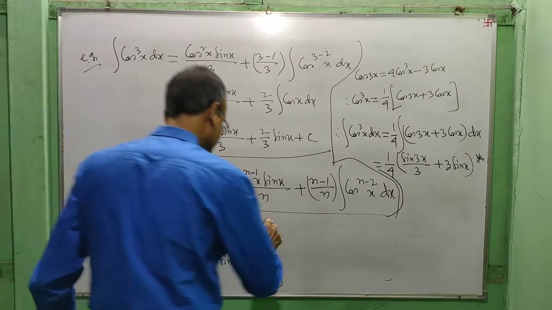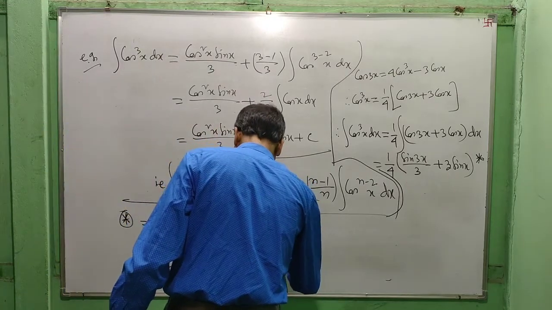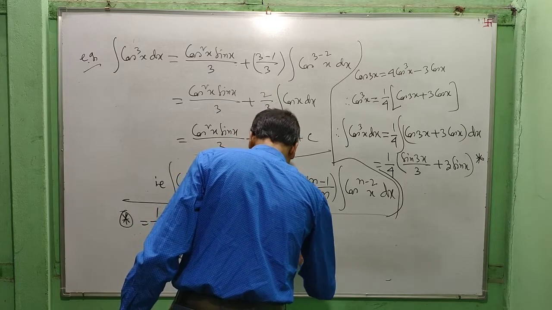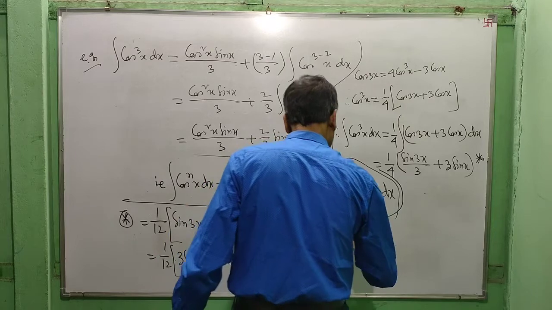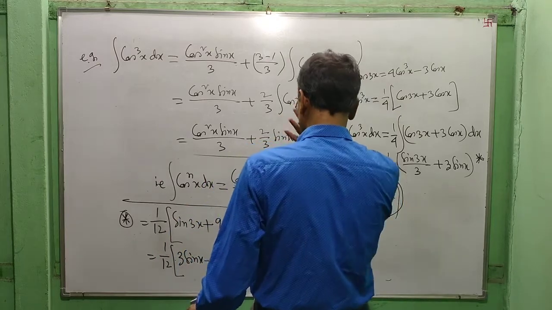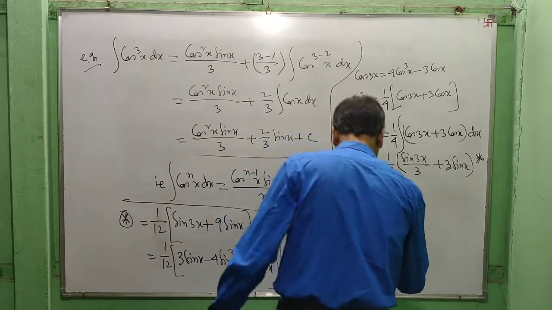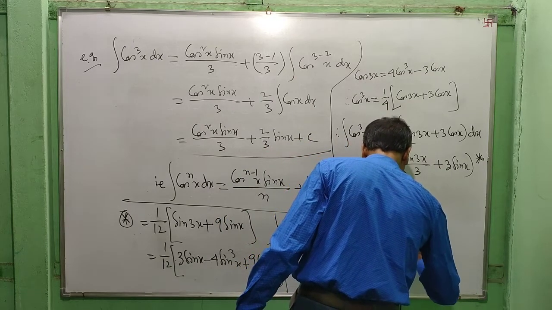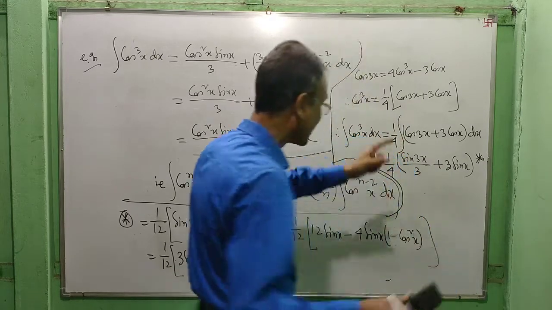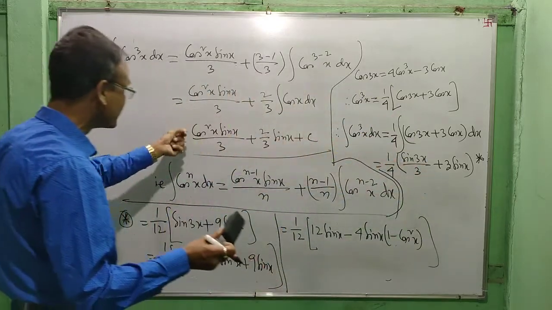This is equal to 1 by 12 (12 sin x minus 4 sin cube x). Now 4 sin cube x means sin x into (1 minus cos square x). We are going to prove that this result is equal to this result.